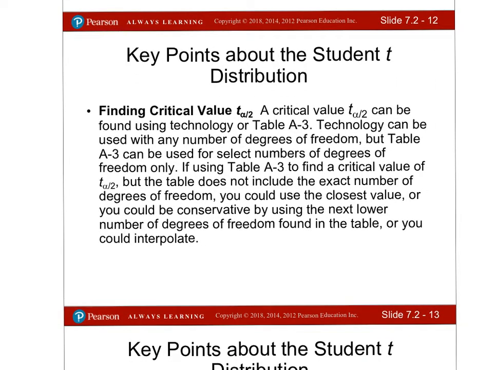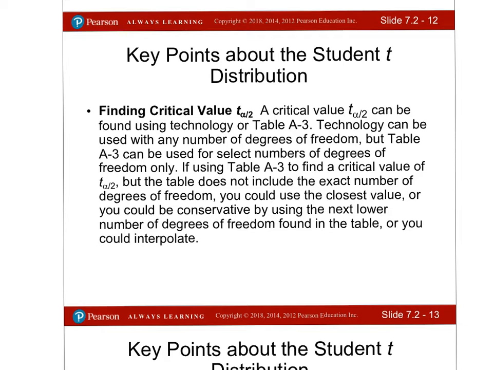All right. The table that we use for finding these critical t values, and this is all that the table does, is it finds the critical t values, is table A3. Okay. So if you look across the top of table A3, you will see the areas, the area in one tail, and so depending on what your area is, that's what you need.